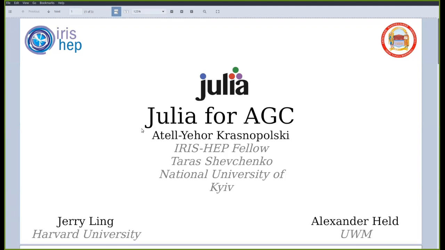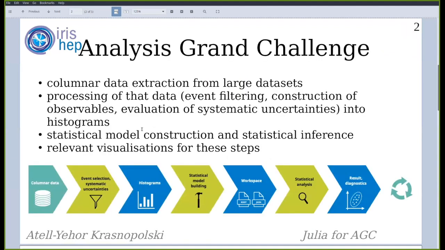So I'm not going to talk much about the technical details that Andrii already showed, luckily. I'm just going to briefly describe what the Analysis Grand Challenge is once again. Essentially, it's about performing the last steps in the analysis pipeline at scale to test the workflow sufficient for the LHC.